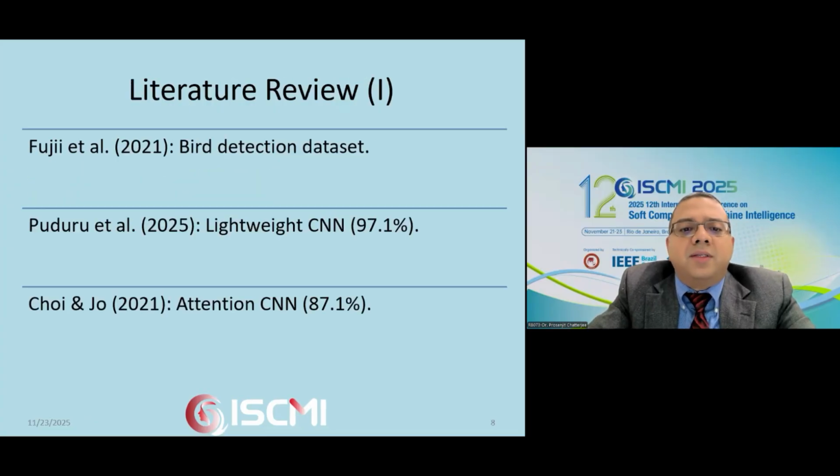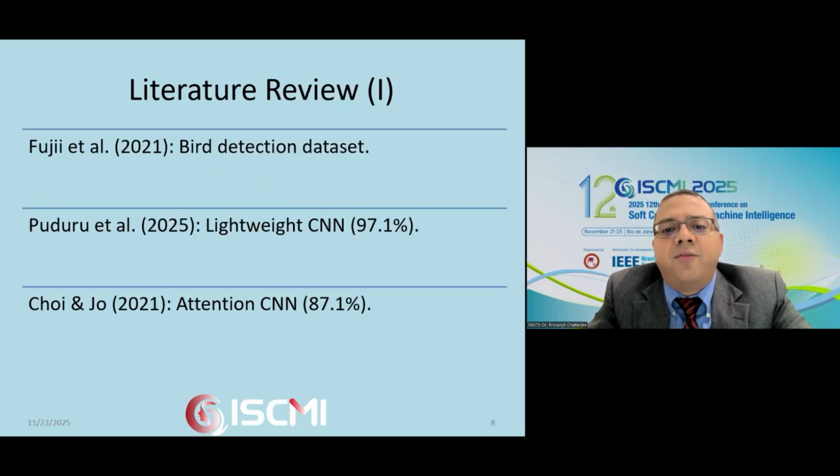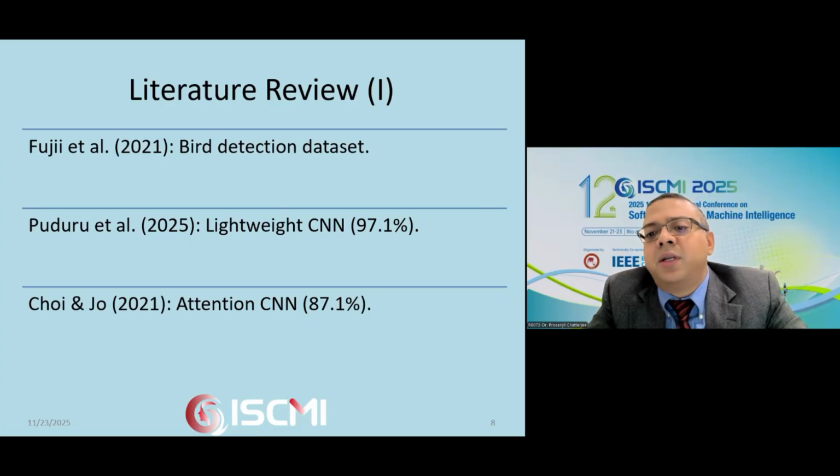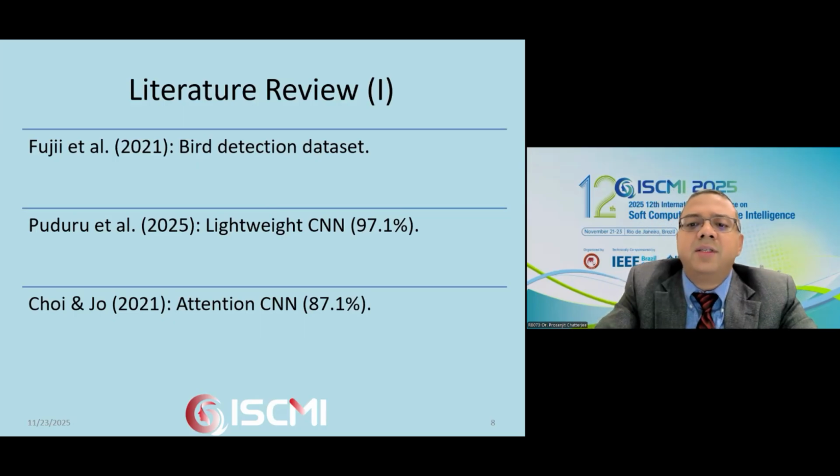To understand the current state of airborne object research, we reviewed relevant literature. Prior works used YOLO, ResNet, VGG, and other architectures, which are all CNN-based. Some recent works proposed lightweight CNNs or attention-based networks, and others focused solely on drone detection or bird-drone differentiation.